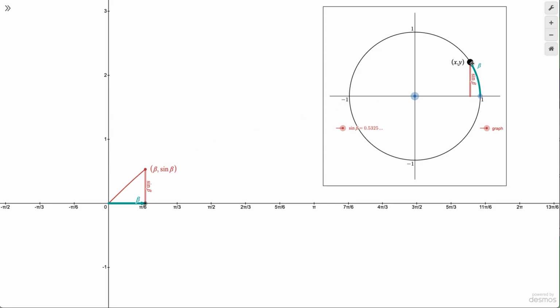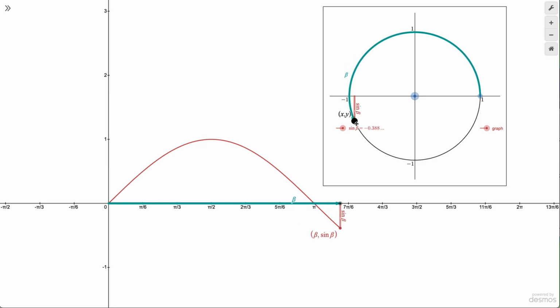And now as I start out, the sine of beta is 0, the sine of 0 is 0, and then as I increase beta, my y coordinate increases, and then it maxes out when beta equals pi over 2, and then sine of pi over 2 is 1, and then it comes back down, and then at beta equals pi, the sine of pi is 0.